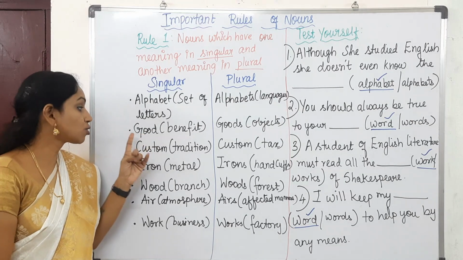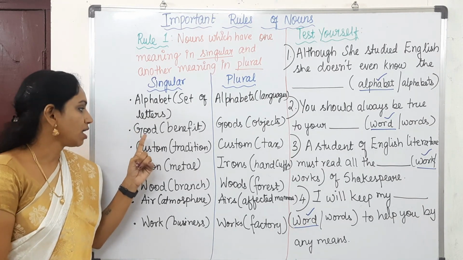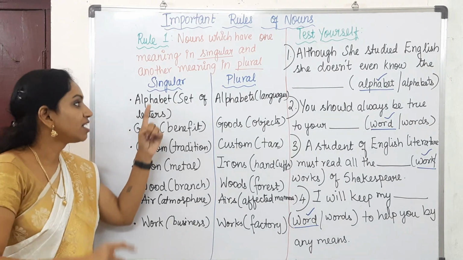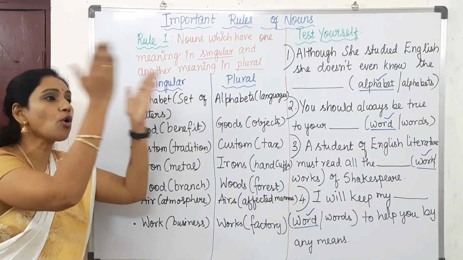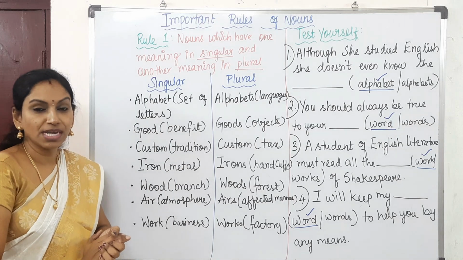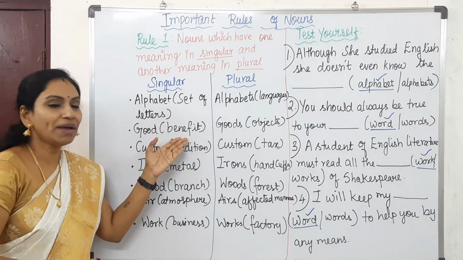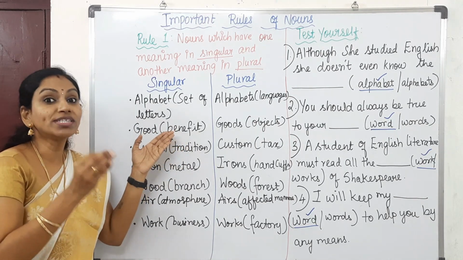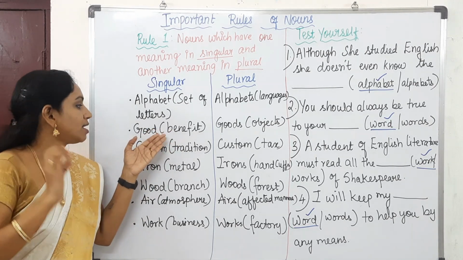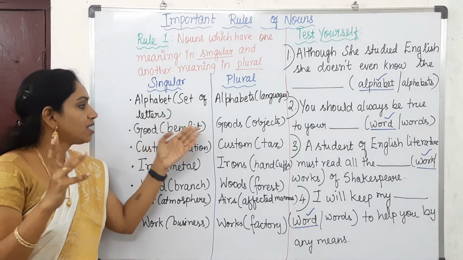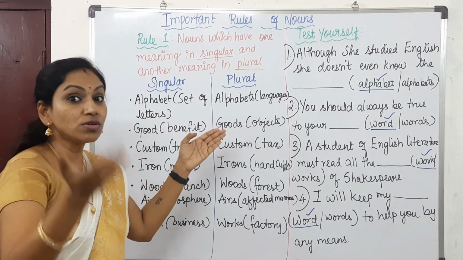Next example is goods. Good. The same word good. If it is singular, it is benefit. He is so good. Good Samaritan. That is benefit. Next, the same word goods.